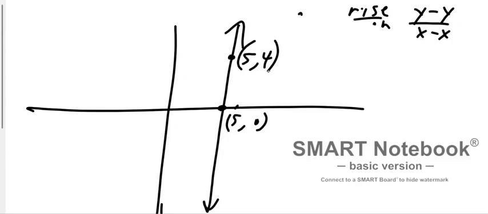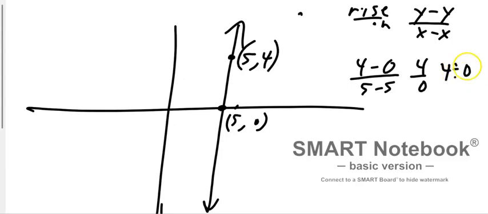Okay, well, if I did my math, y minus y over x minus x, I would get 4 over 0. If you type 4 divided by 0 on your calculator, you will get an error. That's because we cannot divide by 0. It's mathematically impossible. So this technically has no slope, and that is not the same thing as a 0 slope. And we'll talk about that more.